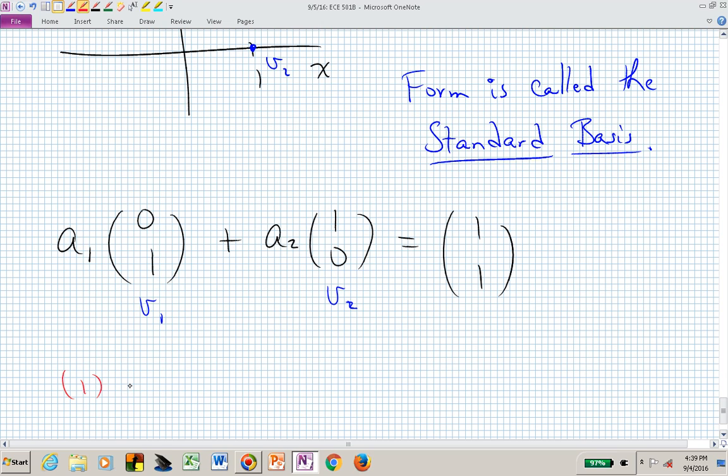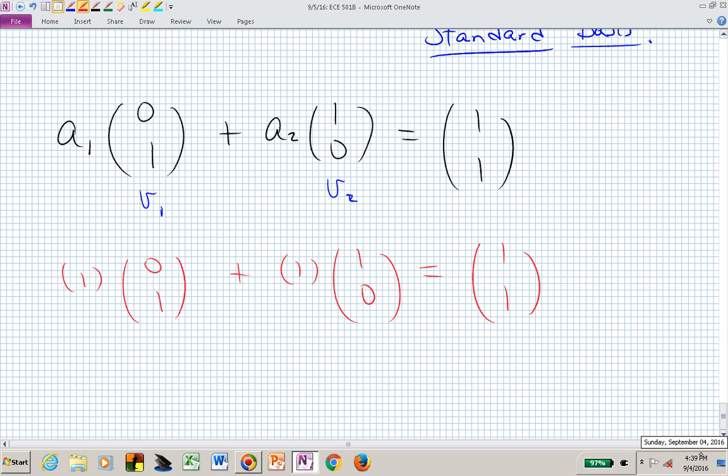And in fact, if we simply use 1 to scale V1 and 1 to scale V2, now we have gone to the point that we wanted, 1, 1, where our weightings, a1 was 1 and a sub 2 was 1.